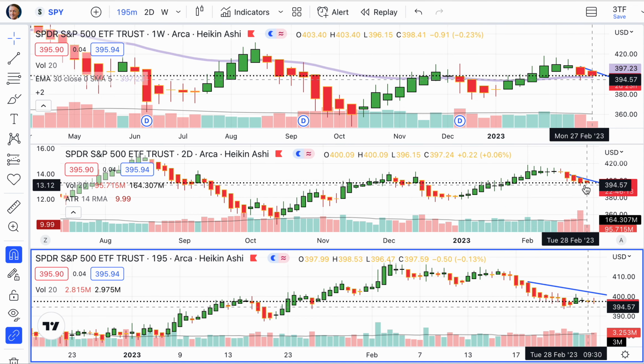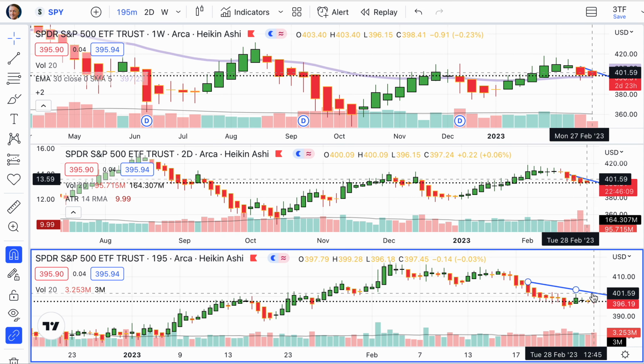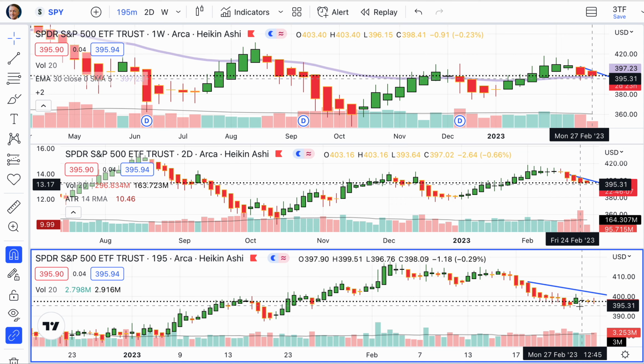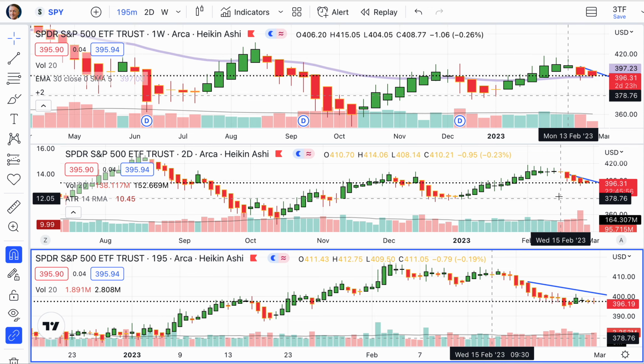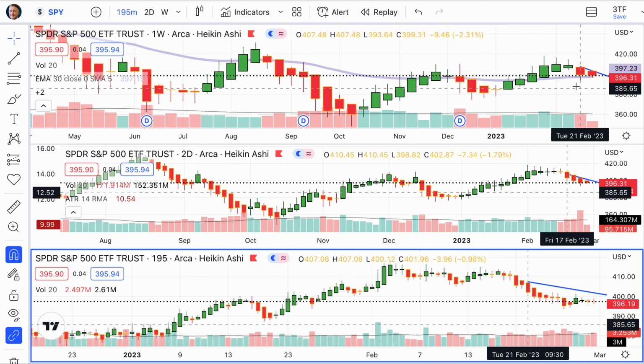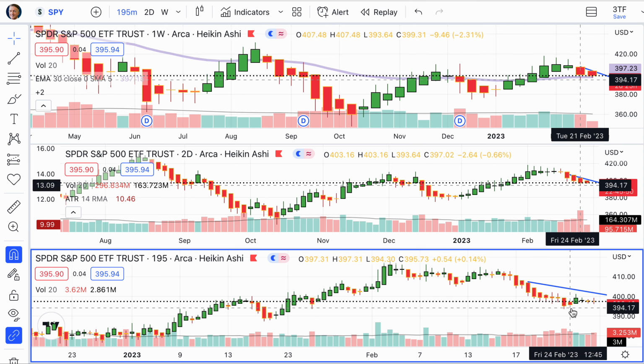So you get to see how far away from the weekly trend line these other moves are when danger zones are approaching, or where you're just seeing a flux occur in price over the course of time, because everything doesn't perform the same way on the weekly chart as it does on the 2-day and as it does on the half-day.